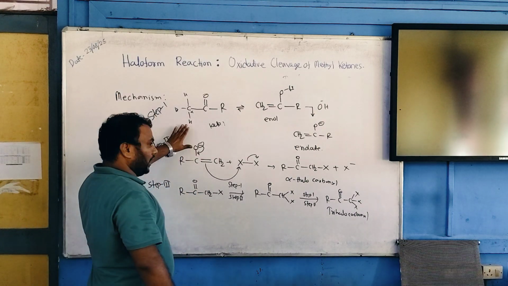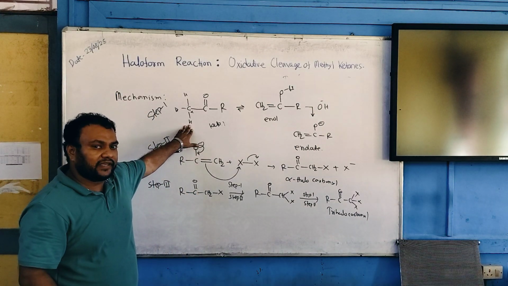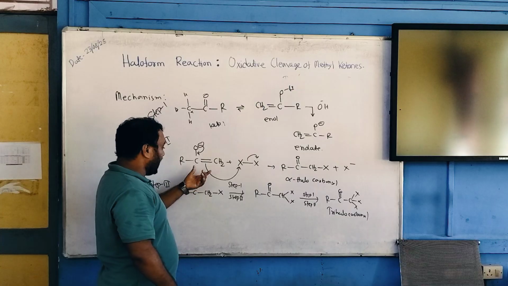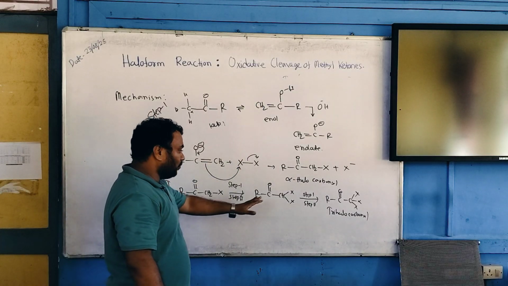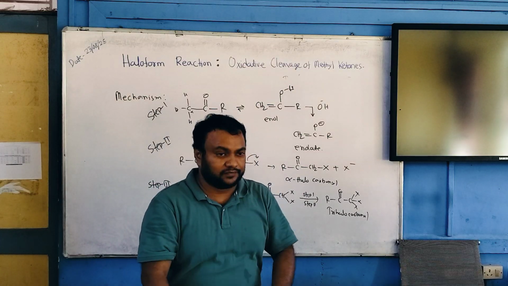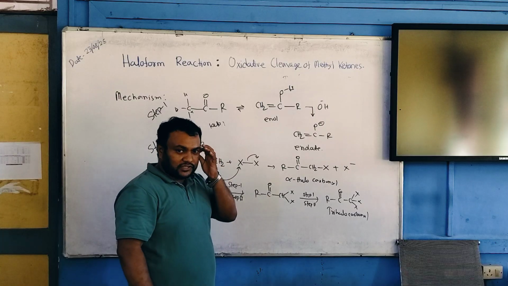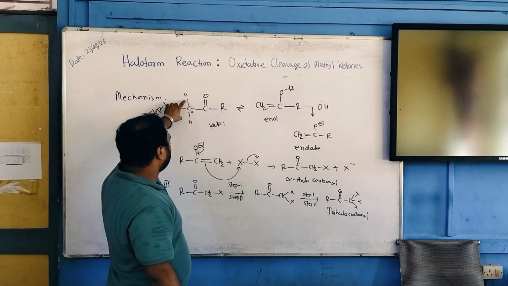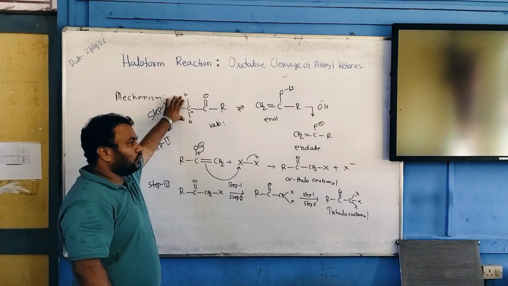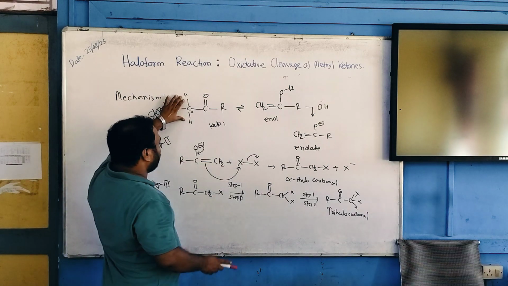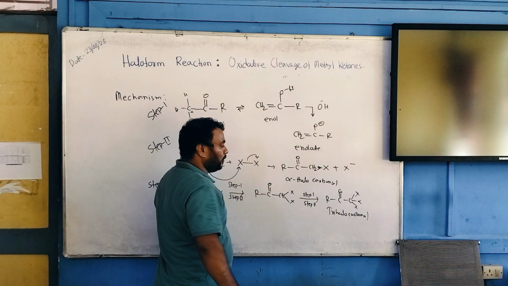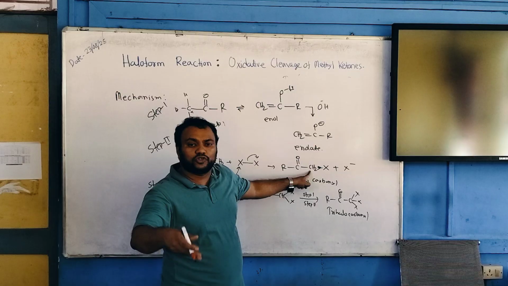See, this enolization is catalyzed by base, right? And that is why the enolate will be formed. The enolate will attack this halogen and you will get the monohalocarbonyl. Now what is the next step? Again formation of enolate. But you know, for formation of enol or enolate, this proton must be acidic, right? Initially this proton has an acidic character, but once you bring a halogen, which is an electron withdrawing group, the acidic character of this hydrogen increases.